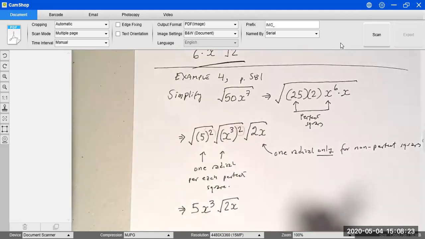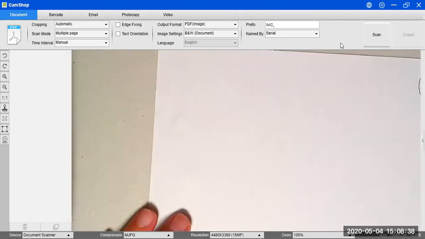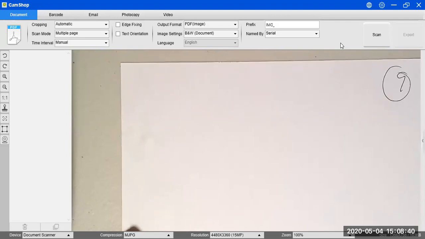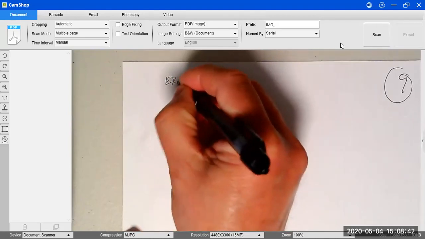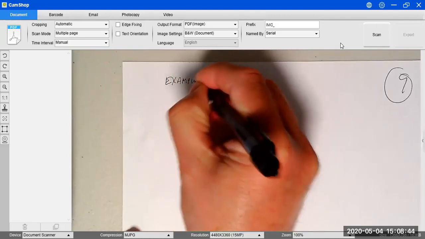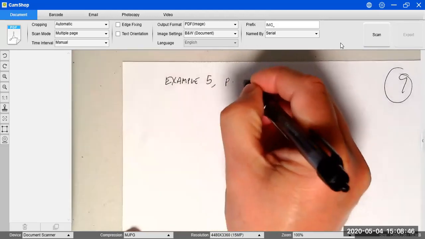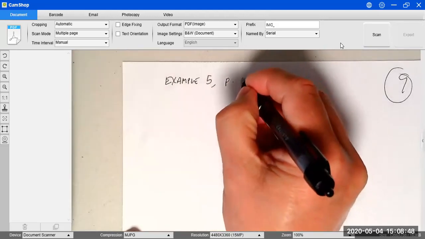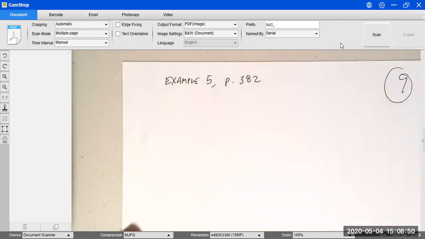So we have one more problem, and then it's going to be your turn to work on these procedures. Let me write example 5. Example 5 on page 582.